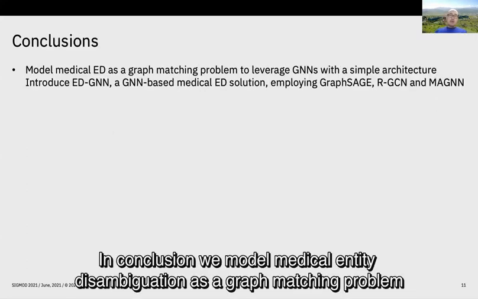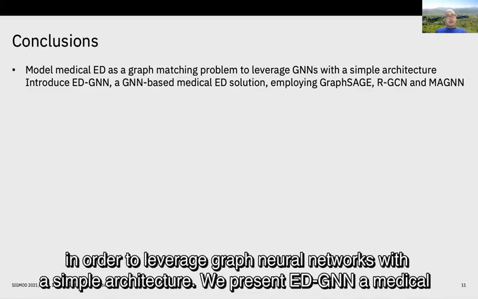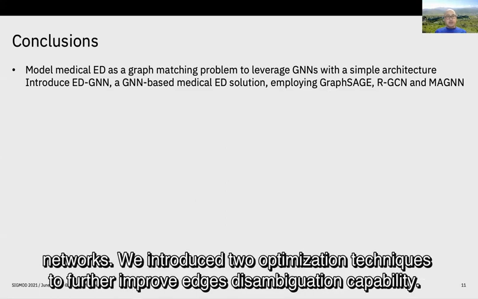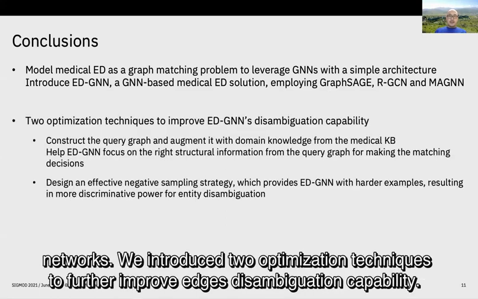In conclusion, we model medical entity disambiguation as a graph matching problem in order to leverage graph neural networks with a simple architecture. We present EDGN, a medical entity disambiguation system, using a simple architecture to leverage these graph neural networks. We introduced 2 optimization techniques to further improve EDGN's disambiguation capability.